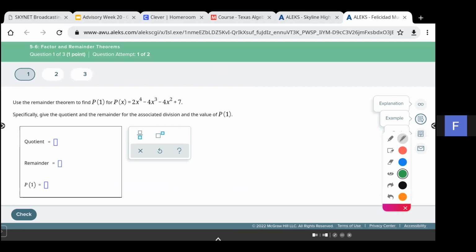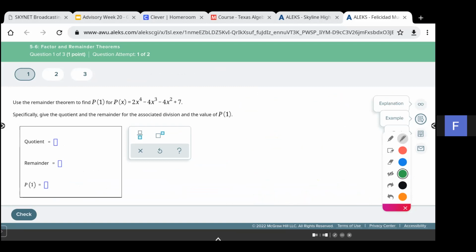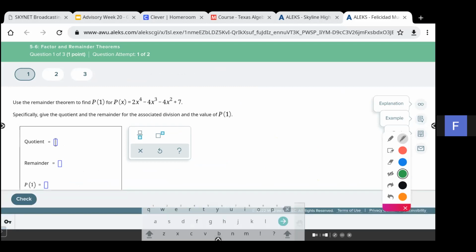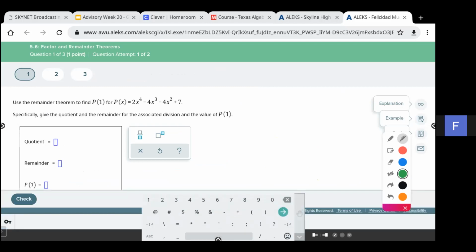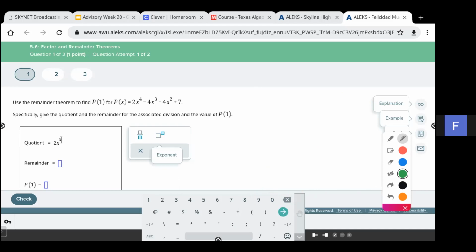And my quotient is going to be 2x cubed minus 2x squared minus 6x minus 6. Make sure we get out of the exponent.